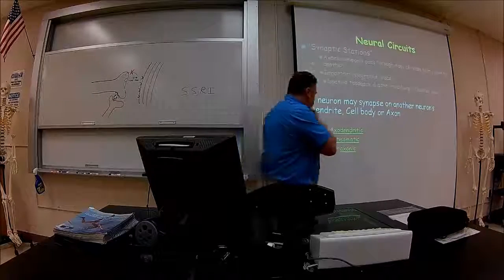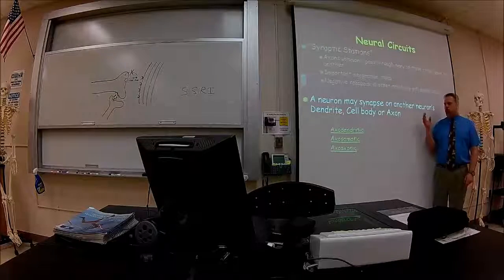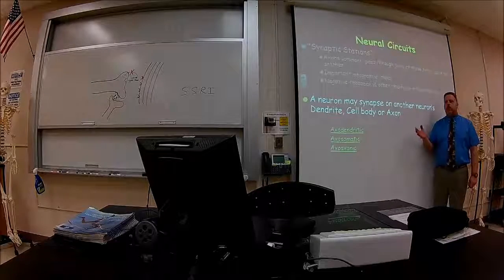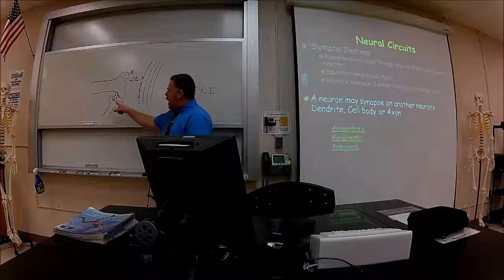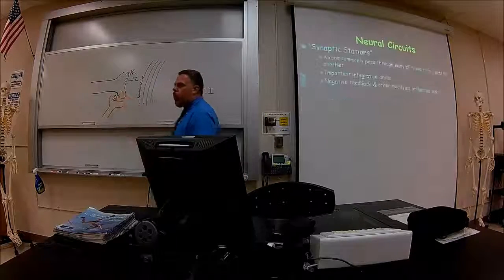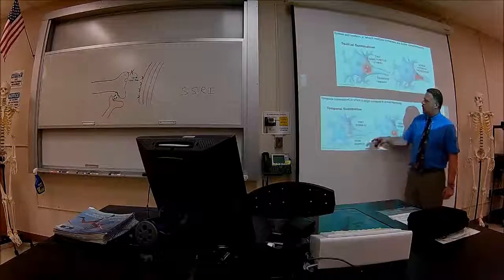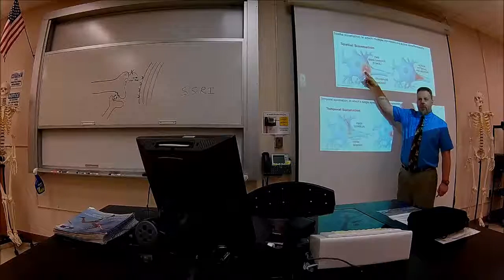So we could have an axon go into a dendrite, an axon go into a cell body or soma, or an axon that can go to another axon. What I showed you here was an axon go into an axon. And what you saw over here is an axon going to a cell body. You see what I'm saying?